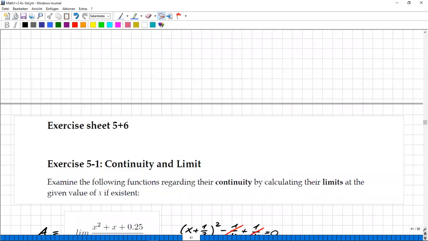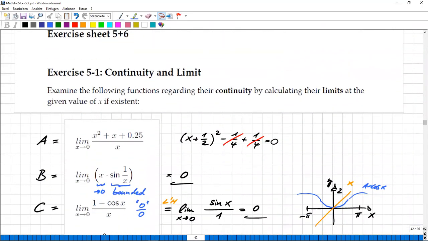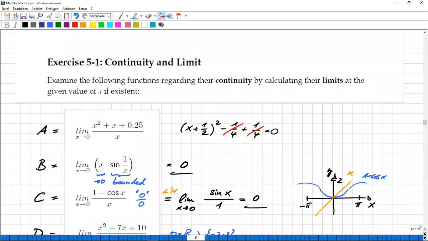Let's first look at the first fractional function here. It is relatively easy to see that this rational function is a so-called improper rational function. What is this all about? The numerator grade is equal to 2.